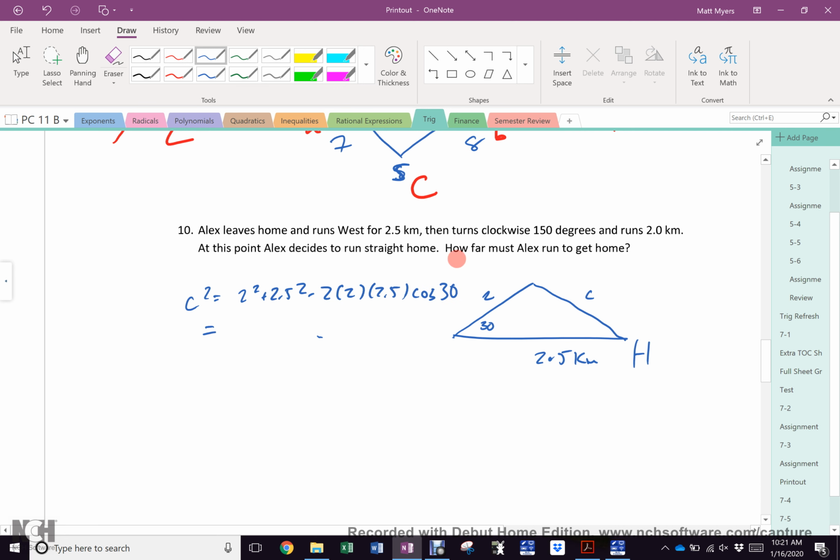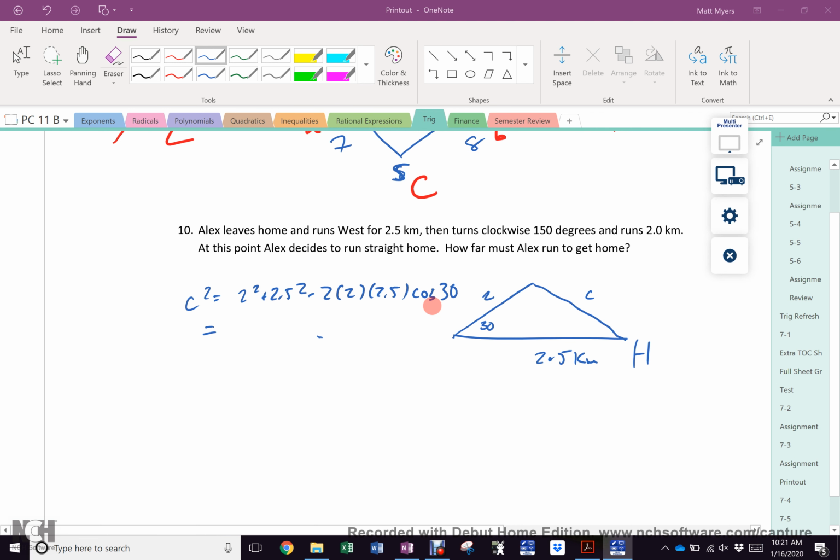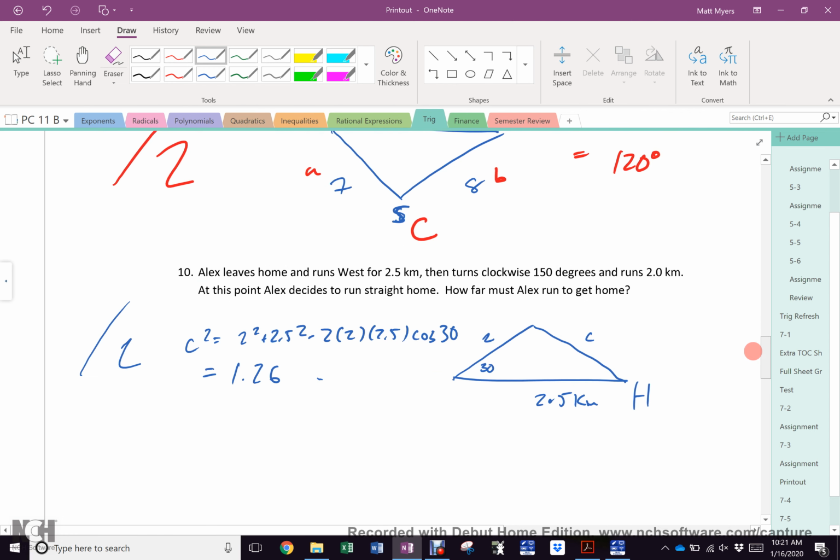And then I square root the whole answer, which is 1.26. Oh, you sneaky. Out of 2. Making that page out of 2, 4, 6.